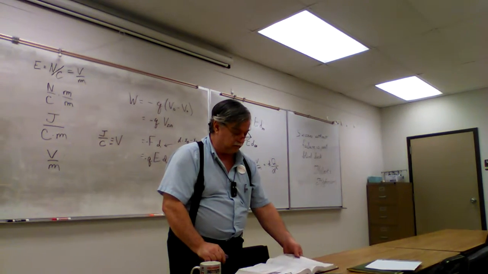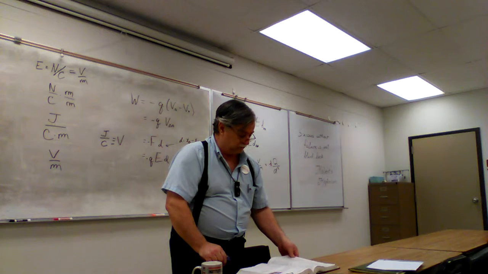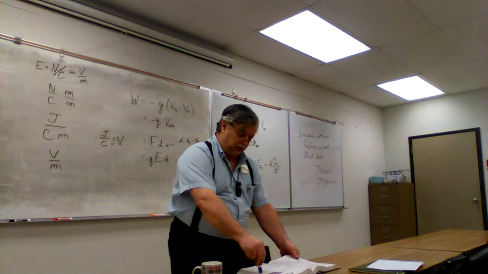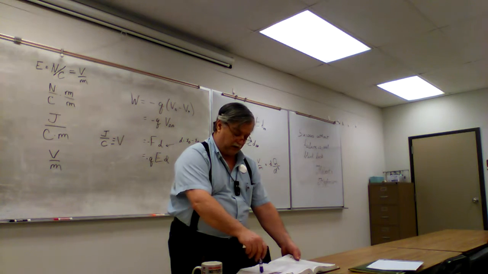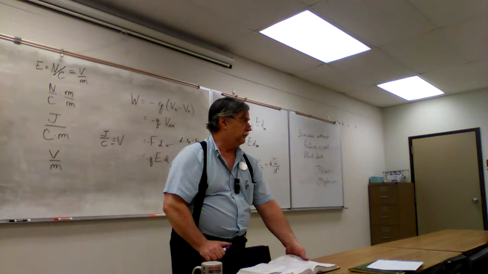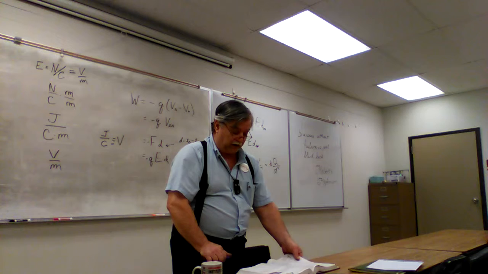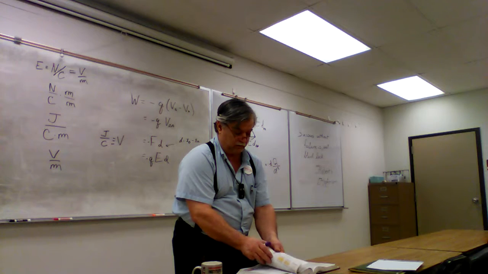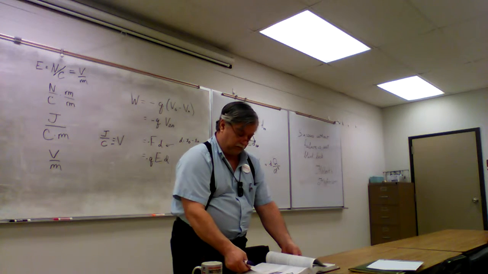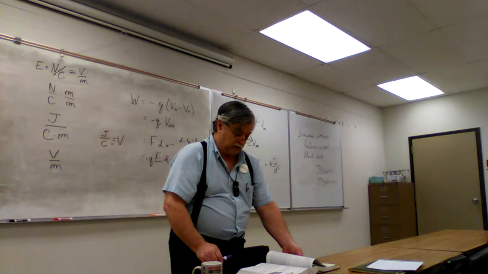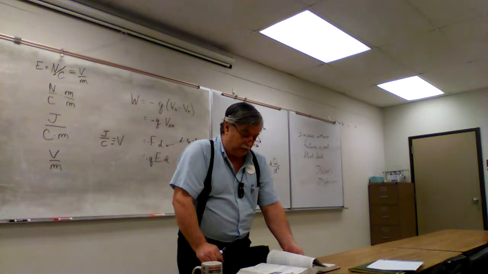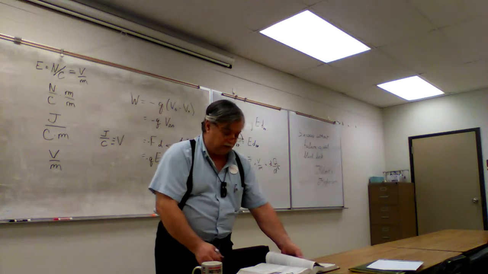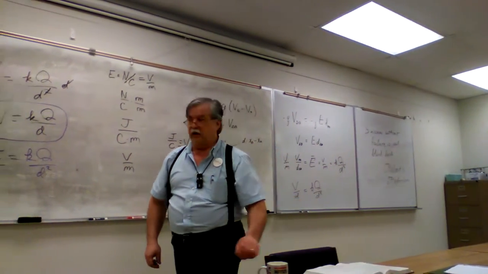We haven't gotten to it yet. We'll get to it when we start talking about capacitances. But you see this list here that calls dielectric strength? Those are breakdown voltages. So for air, they give us the breakdown voltage for air is about 3 million, or 3 times 10 to the 6 volts per meter.